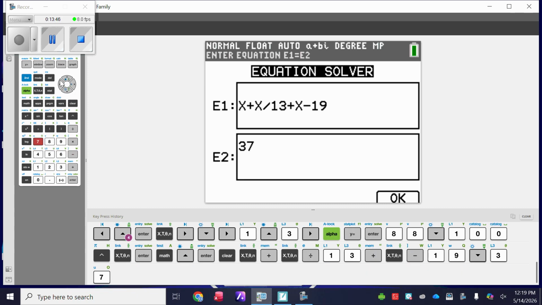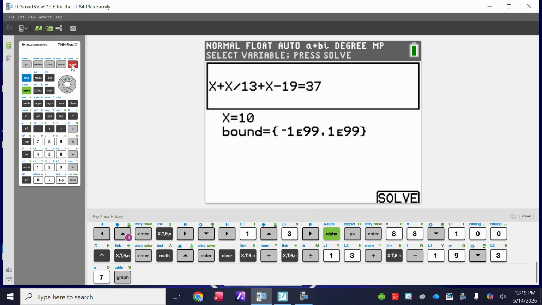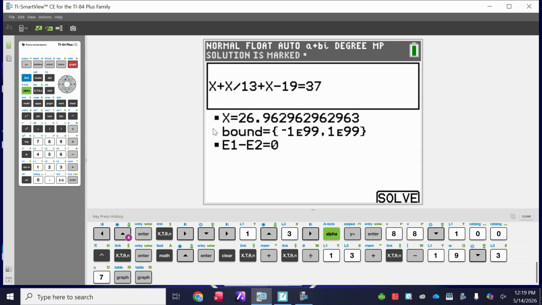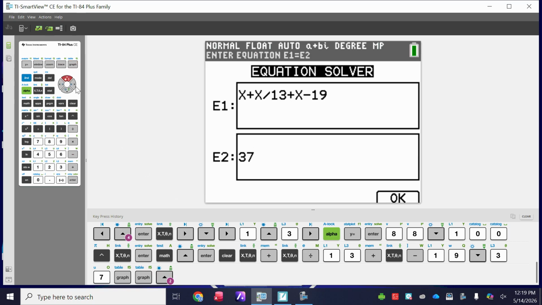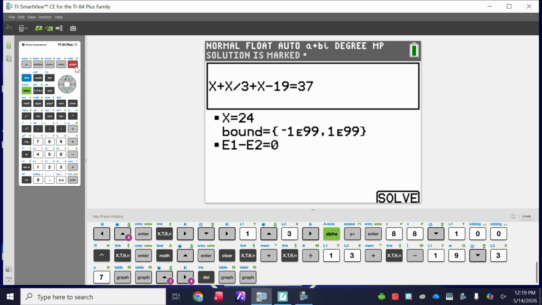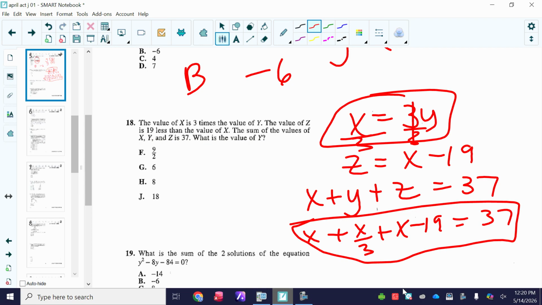Then you just hit the F5 button twice. OK, solve, and x is not working out right. Oh, because I put over 13. What am I doing? It's over 3, huh? OK, solve. X is 24. Careful, you're not solving for x. You're solving for y. So x is 24.